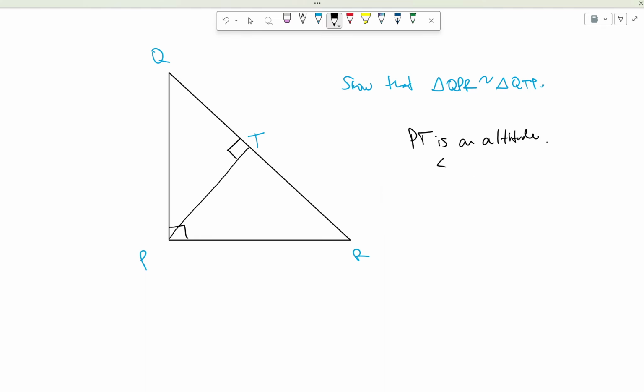First of all, we have angle Q is going to be congruent to itself reflexively, right? This guy in this corner, all right? So that's one set of angles. Moreover, we have angle QPT.